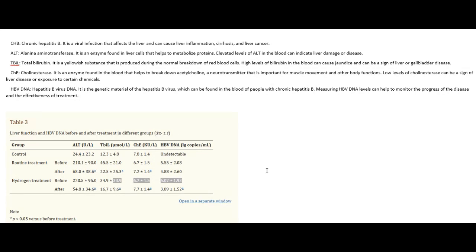In the hydrogen treatment it was 5.07 plus or minus 1.93 before treatment, and after treatment it was 3.89 plus or minus 1.52. That's horrible, man.